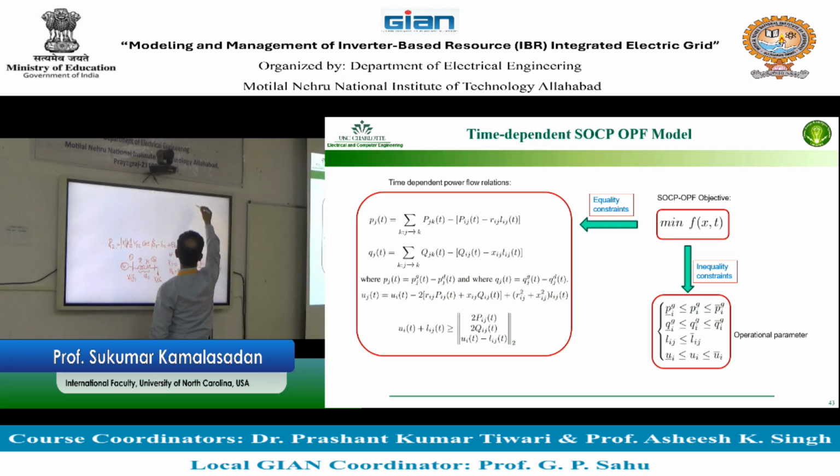This one, if you plot between delta and P, you will get this relationship. And this is what we call the power angle curve.